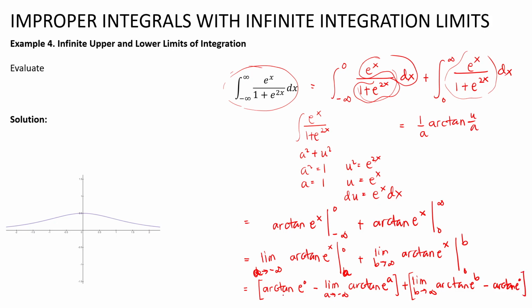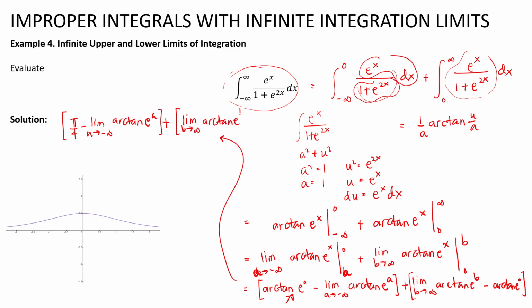So again, you plug this one in radian mode, arc tangent 1. This gives you pi over 4 minus the limit of a approaches negative infinity of arc tangent e raised to the power of a, and then plus the limit of b approaches positive infinity of arc tangent e raised to the power of b minus pi over 4.